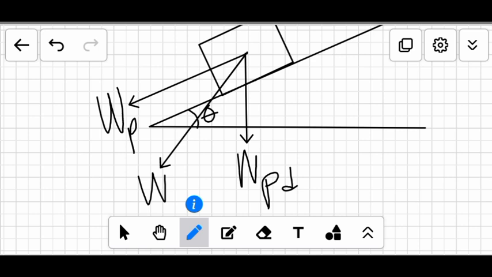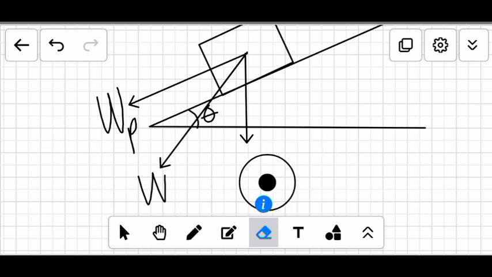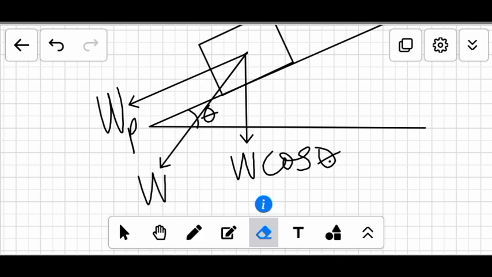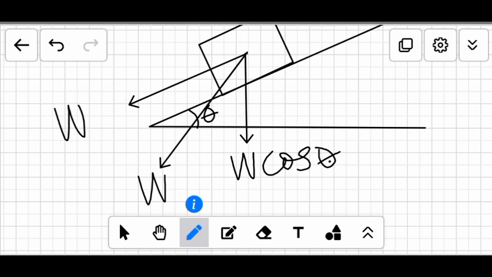So now the one that is perpendicular to the plane, we have the value W cos theta. While the one that is parallel to the plane will now be W sine theta.